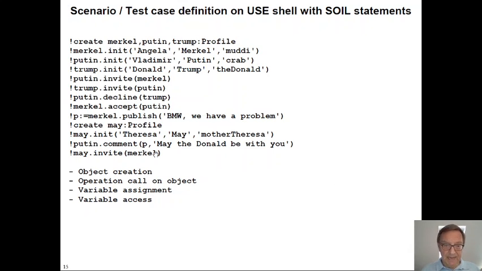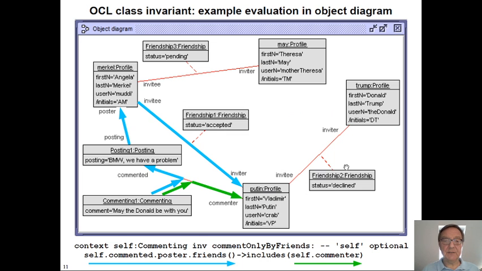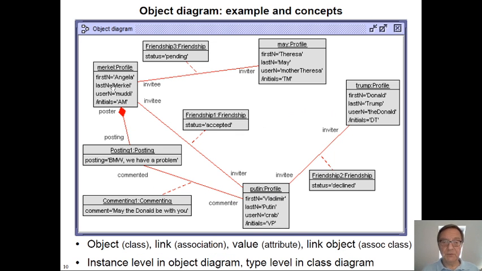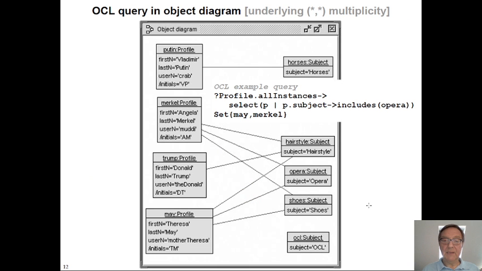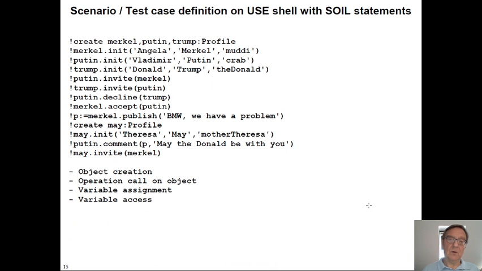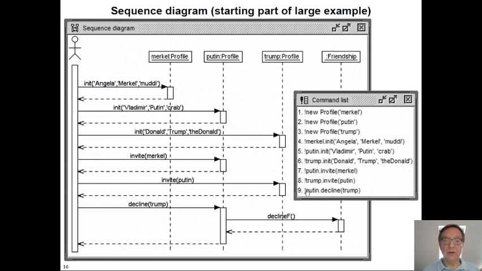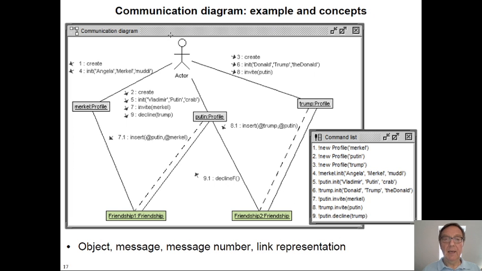So the result of this command sequence is the object diagram, but the command sequence can also be documented in other forms, namely in the form of a sequence diagram and in the form of a communication diagram.